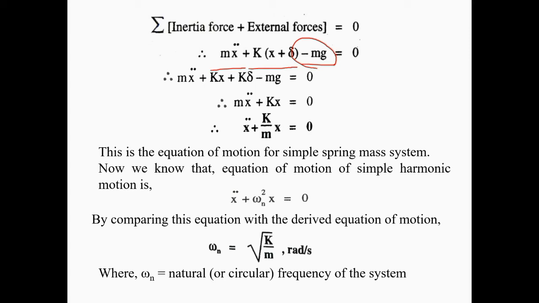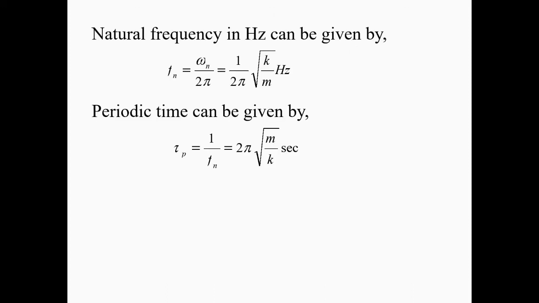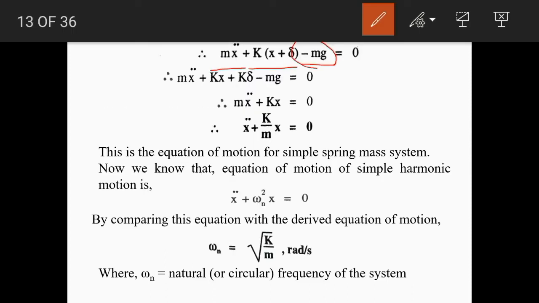Now we can simplify the equation, and it reduces to m x double dot plus kx plus k delta minus mg is equal to 0. We already know that the spring force due to static deflection, k delta, is equal to mg, and they neutralize the effect of each other.